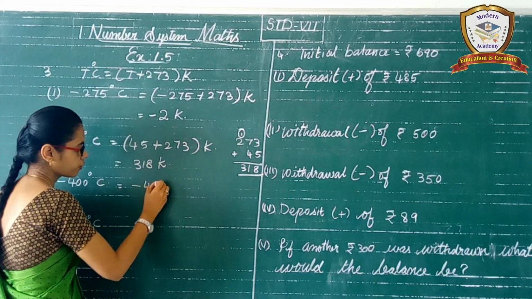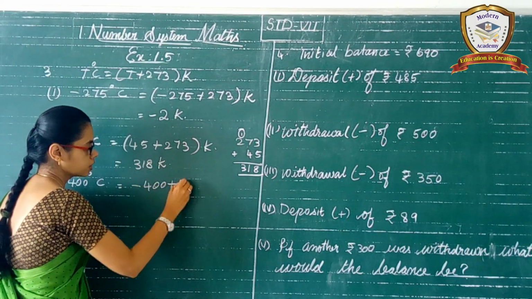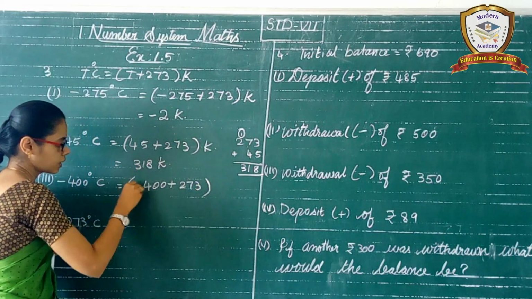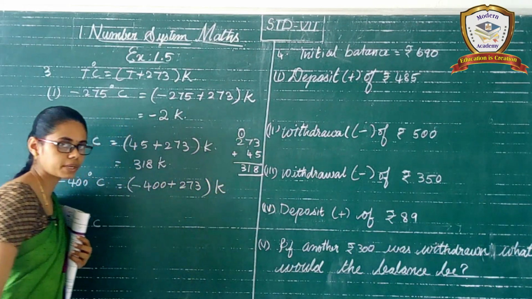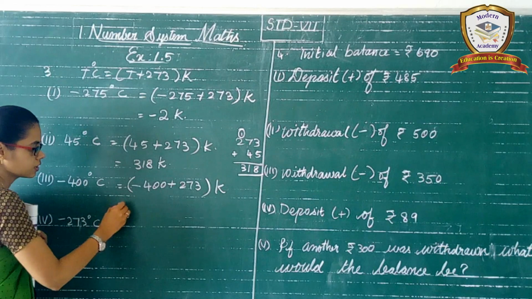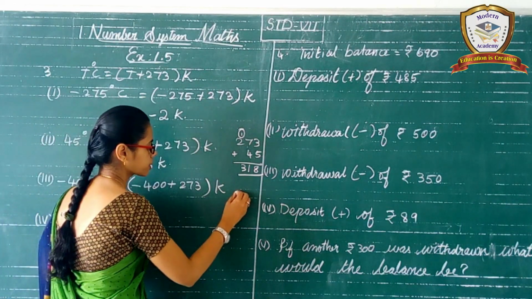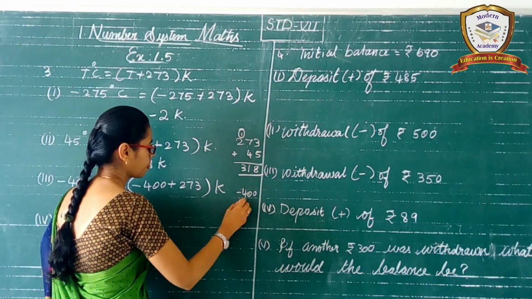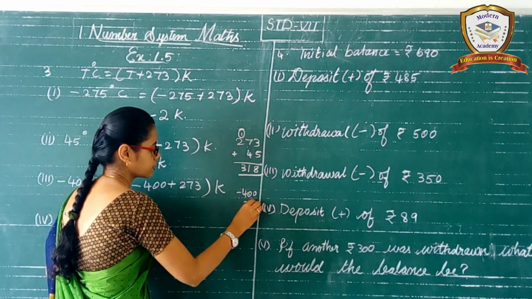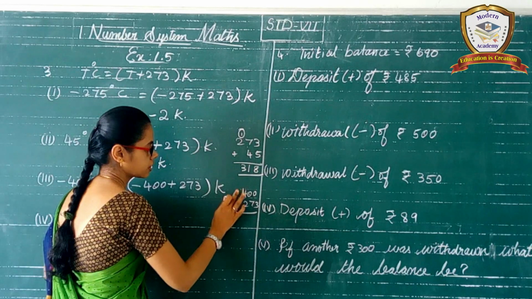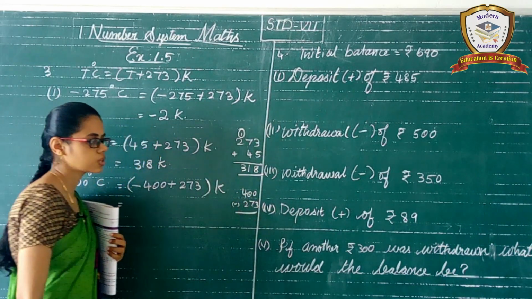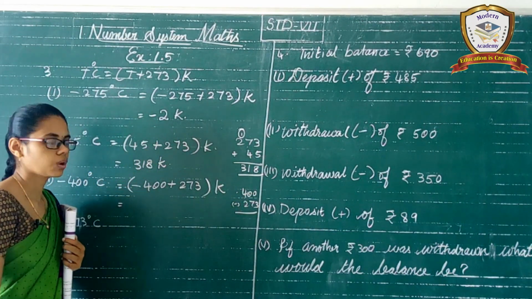Okay. And third sum also same like that. So minus 400 plus 273 in the Kelvin. So commonly I have to mention Kelvin K. See, both are different sign, subtract. So minus 400 plus 273. So we want to subtract the number. So 0 is the lowest number.